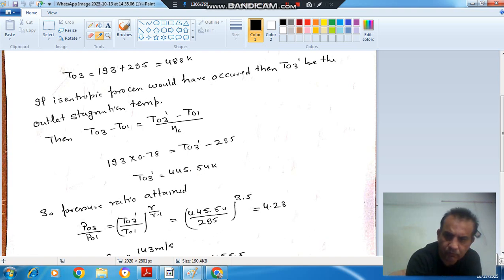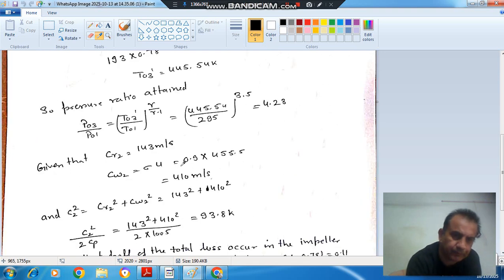Okay, and radial velocity was given at the exit, that was 143, and one component at the exit is sigma into U, so that was 410 meter per second, and C2, finally the velocity at the exit of the impeller, C2 square was CR2 square plus CW2 square, so that is 143 square plus 410 square, or C2 square by 2 Cp came out as 93 joule per kg.